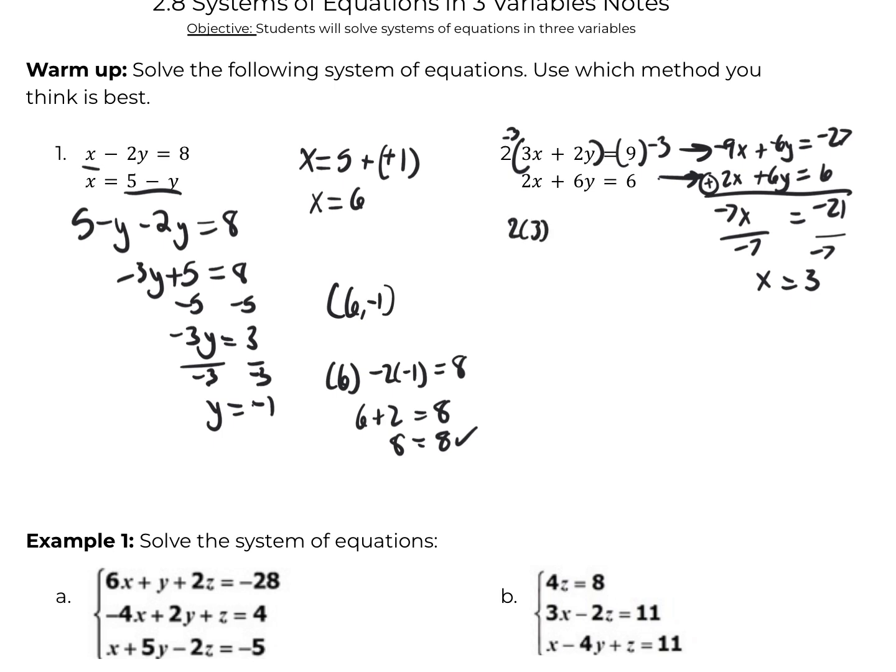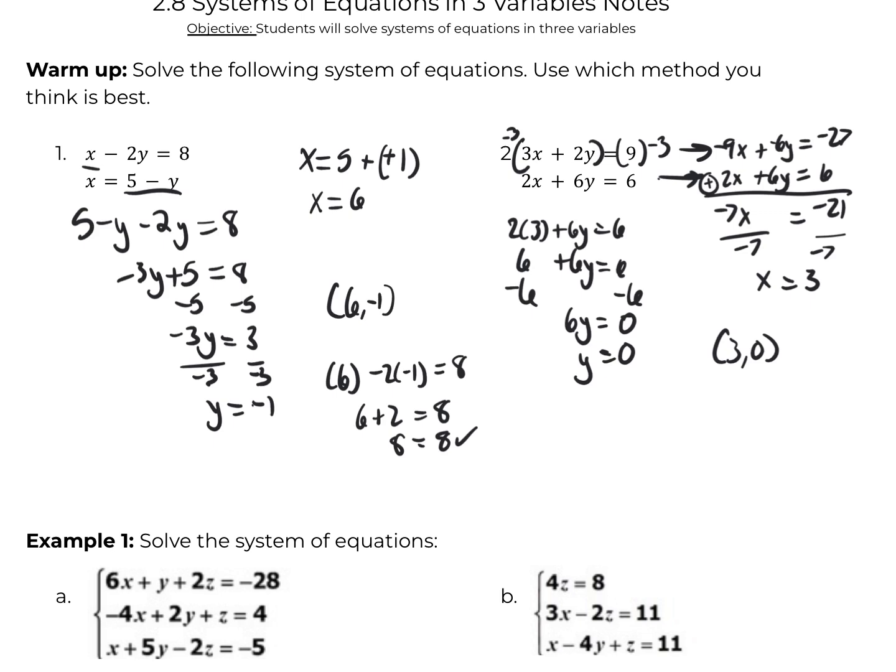So 2 times 3 plus 6y equals 6. So that is 6 plus 6y equals 6. Subtract 6 from both sides, I get 6y equals 0. So therefore y has to be 0. And my solution then is 3 comma 0. Not solution set, but the solution point.